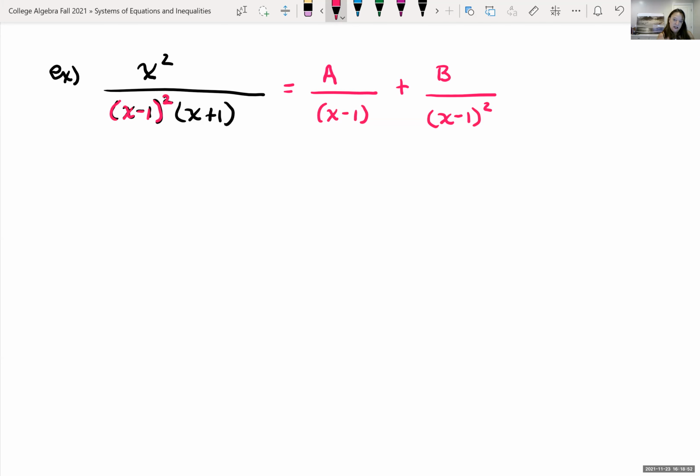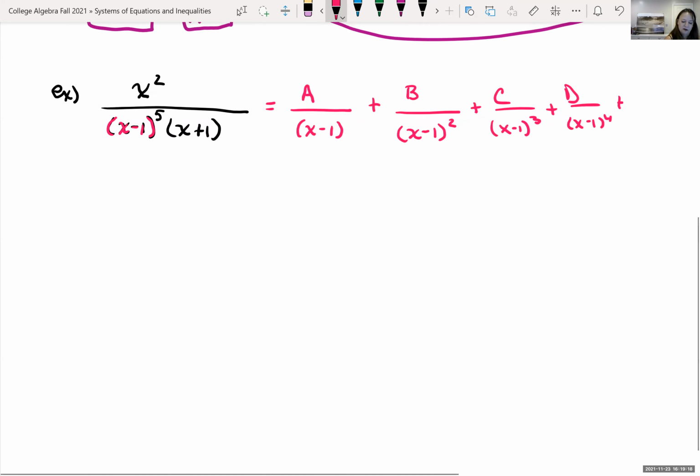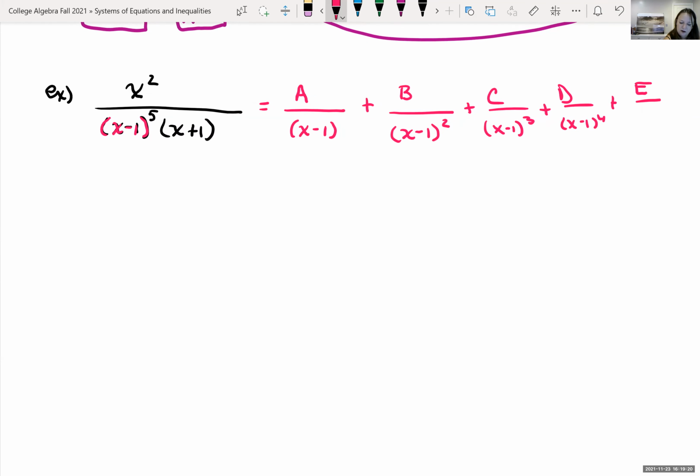And so you're going to continue to do this for the number of factors that you have in the denominator. So if this was to the 5th power, I'm going to change it back, but let's just say that this was to the 5th power. I would continue to go on here, C all over x minus 1 quantity cubed plus D all over x minus 1 to the 4th plus E all over x minus 1 to the 5th.